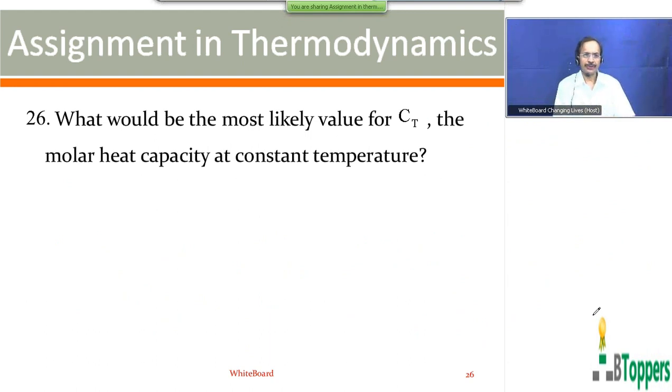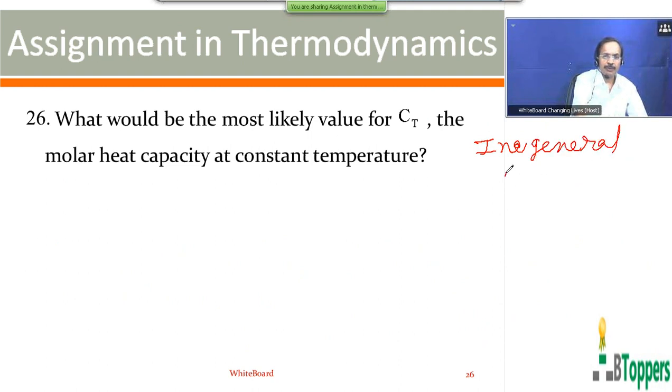See question number 26. What would be the most likely value for C, the molar specific heat at constant temperature? So in general, the heat energy absorbed by a fixed mass of an ideal gas in a process can be written in the form nu C delta T. Nu is the number of moles of the gas, and delta T is the increase in temperature.